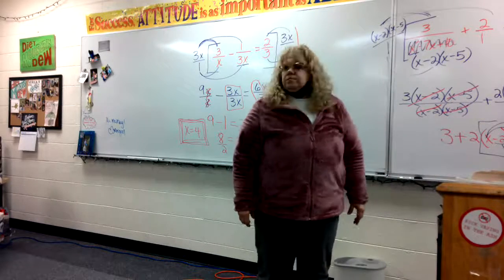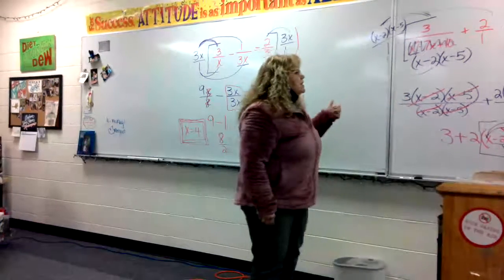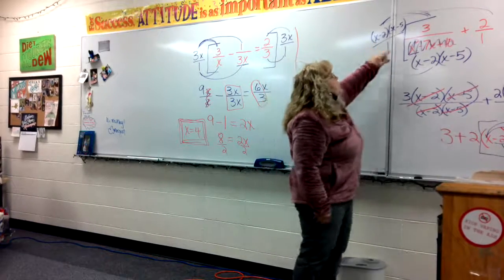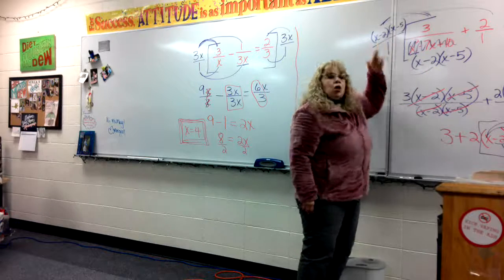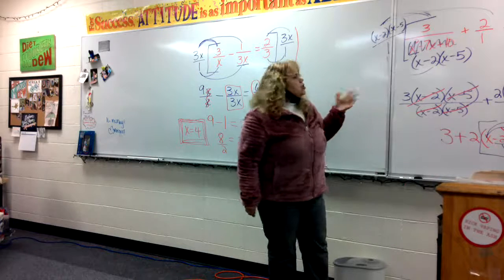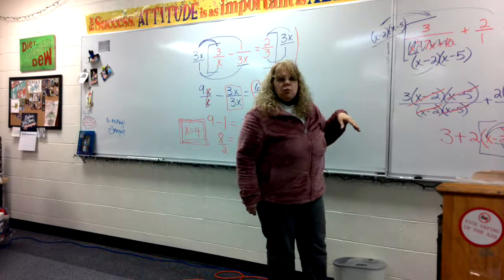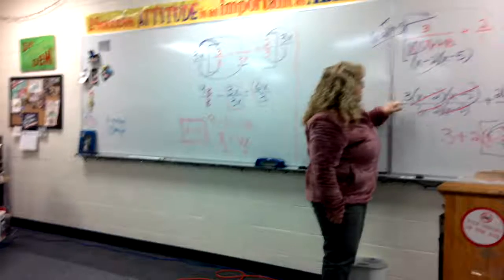So, make sense? And really, the only new thing is multiplying by this odd-looking common denominator. We already did common denominators, remember? So you should be able to figure out what it is, but now we're going to multiply by it.